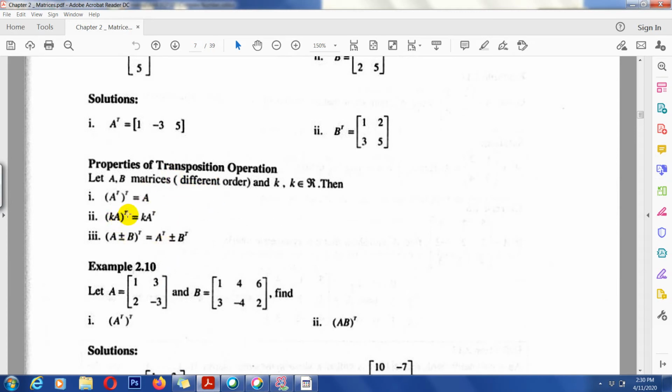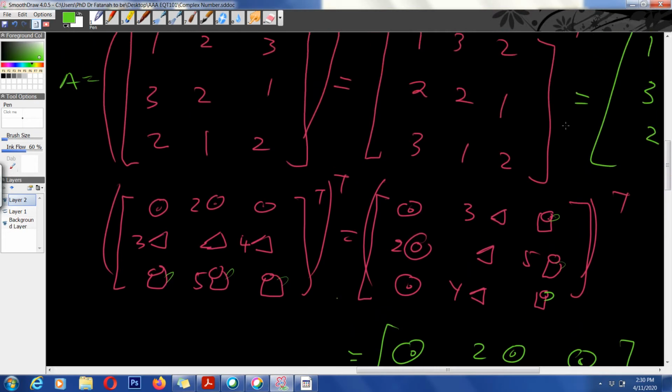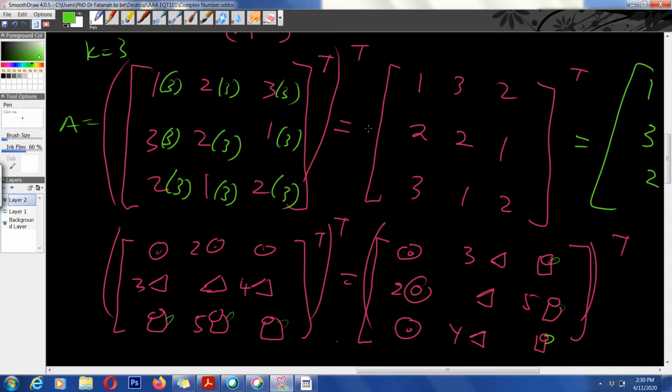For k A transpose, we get k times A transpose, where k is a scalar. If we have a scalar, for example 3 here, everything is multiplied by 3, so k is equal to 3. It's similar if we put the 3 outside.